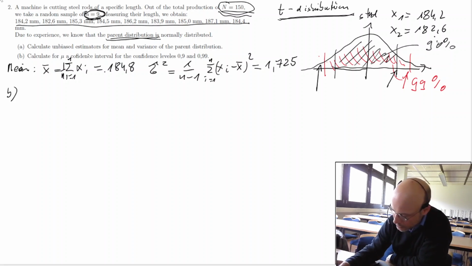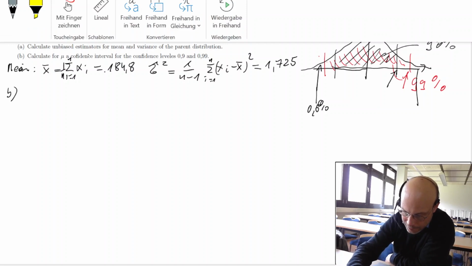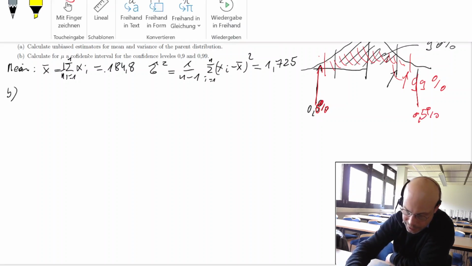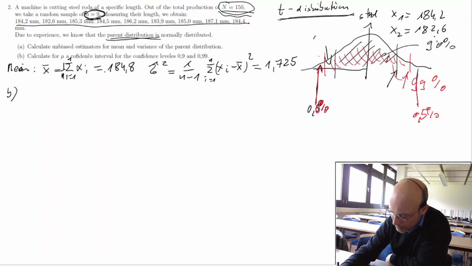This tail here and this tail here is then 0.5% each for 99%, and for 90% we have 5% and 5%.